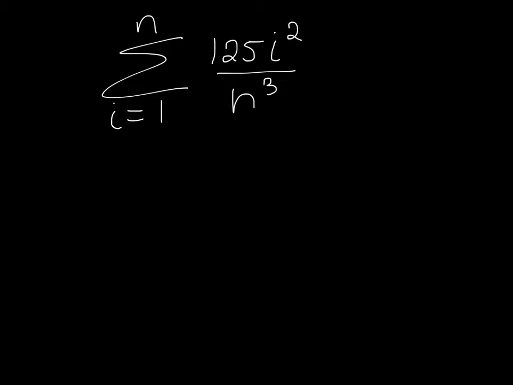So notice that the 125 and the n cubed have nothing to do with the index of summation, so we can pull those out in front of the capital sigma, 125 over n cubed, and we're left with the sum, i goes from 1 to n, of i squared.